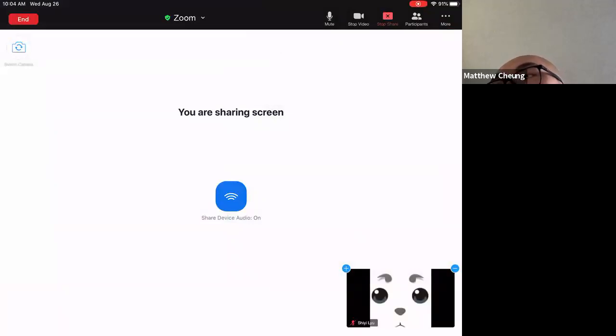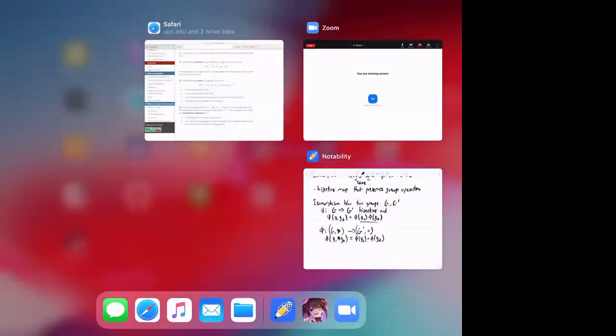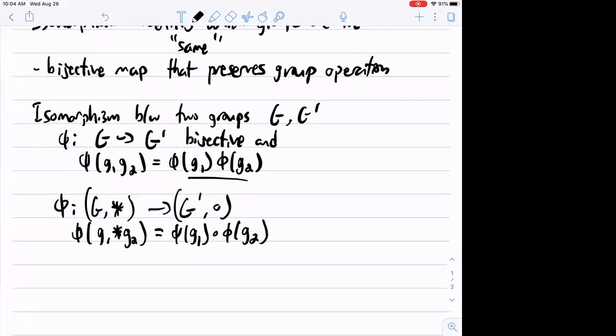Okay, so question: where must the identity go using this group property? What's phi of the identity on G? Where must this go?